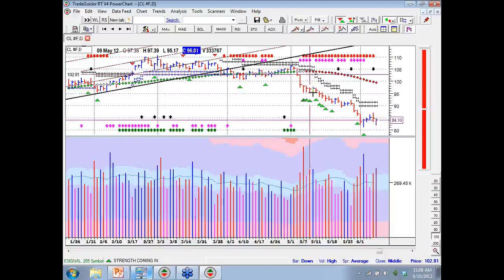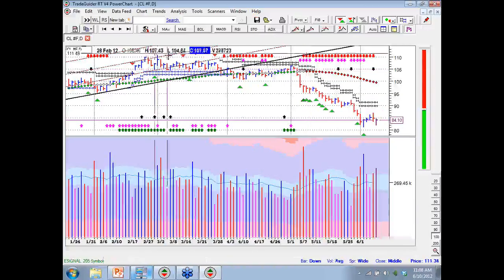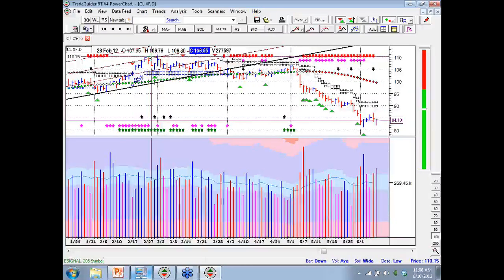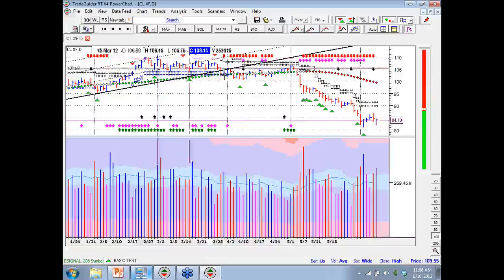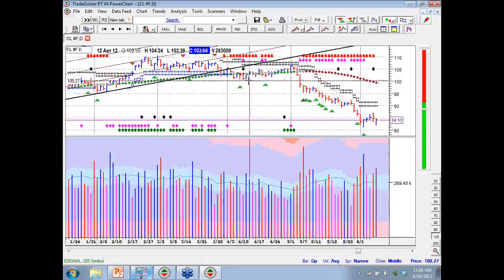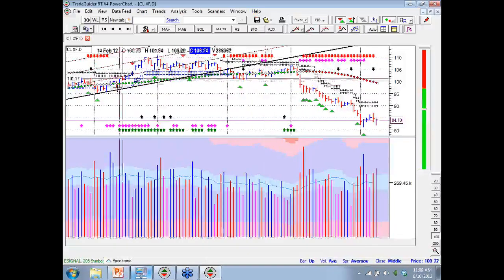What do we have here? We have a red diamond. The thermometer's negative. The H stops have flipped. We have some distribution here in the background. You just slice through a pretty key level back in here.